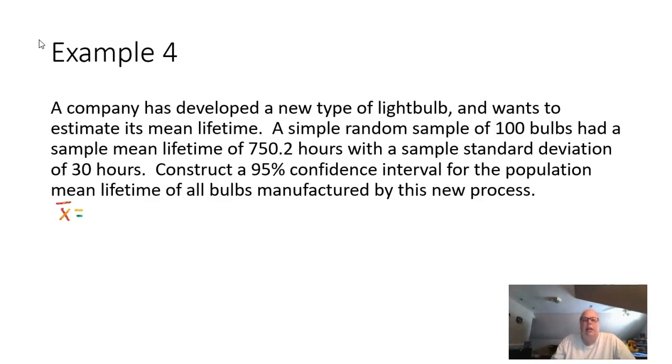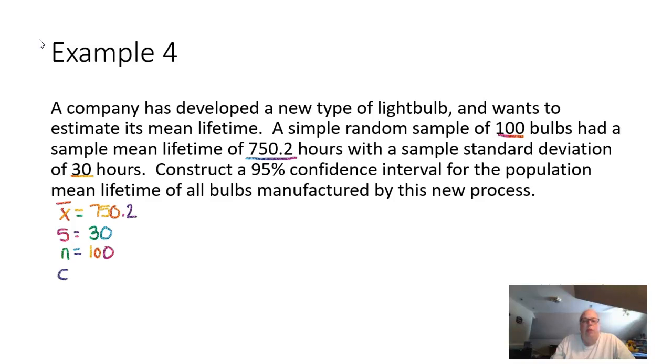Okay, first thing we need is the mean and the standard deviation. And the mean has been given to us right here, 750.2. And we need a standard deviation for the sample, which they also gave us to be 30. And they told us the number of light bulbs in our sample here is 100.